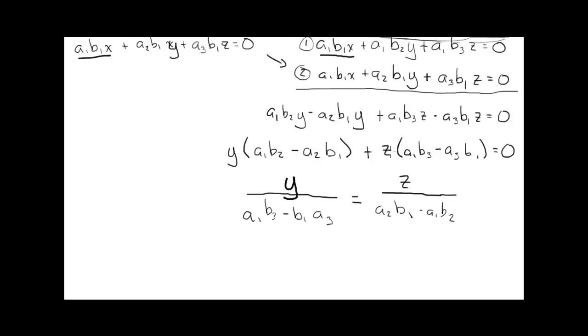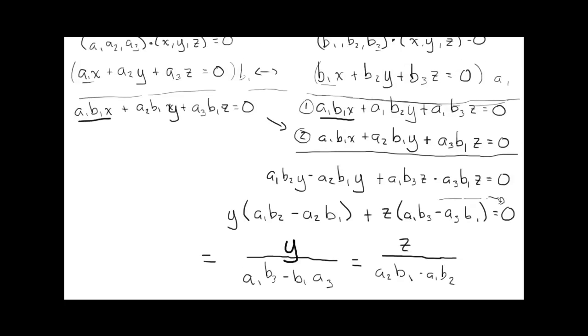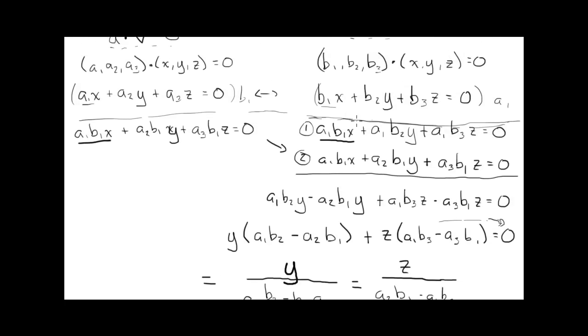So all I did was subtract this. You're not really moving, but this would go over here, and then you divide both sides by this. You end up with this nice equation. Okay. So notice this one has y and z. But if you think back to when we initially eliminated these two terms, we could have eliminated something else, right? We could have eliminated the y's or the z's.